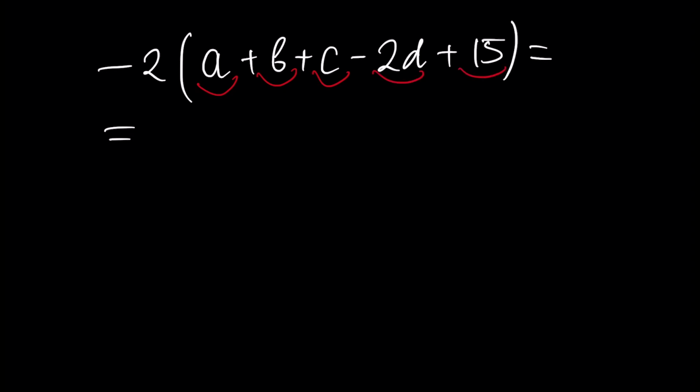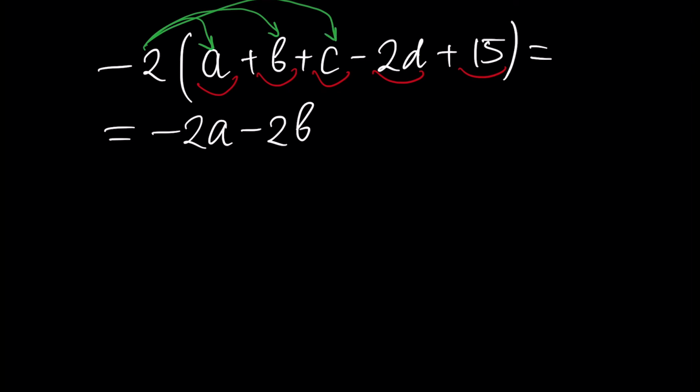In this case, first we multiply minus 2 by A, it will be minus 2A. Next we multiply minus 2 by next element, this will be minus 2B. Next we multiply our minus 2 with third element, this will be minus 2C.